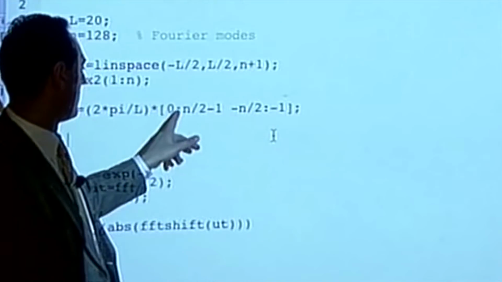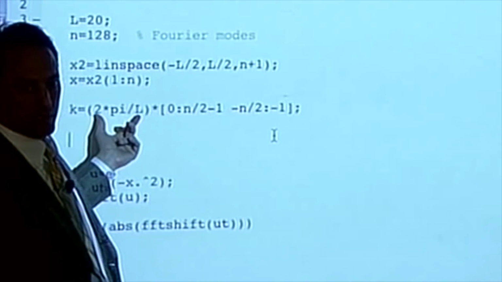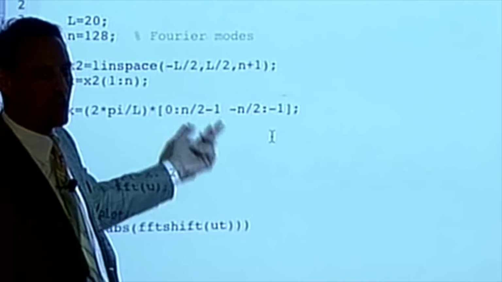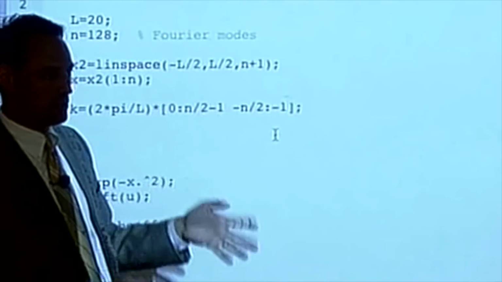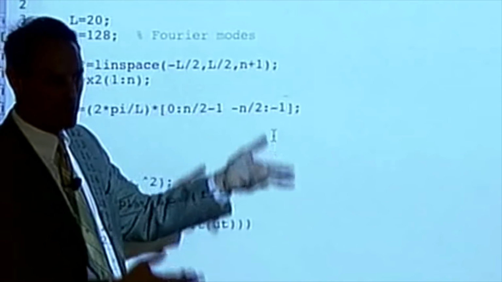That's what these integers are. I've rescaled it to 2 pi, from L to 2 pi. That takes care of that. And now these are the wave numbers. Cosine 0, cosine 1, cosine 2, cosine 3, and sine 0, sine 1, sine 3.